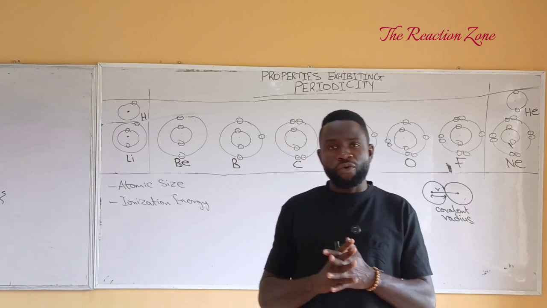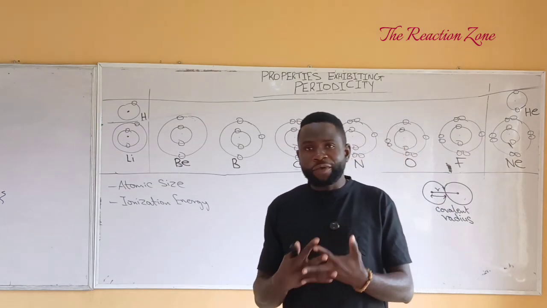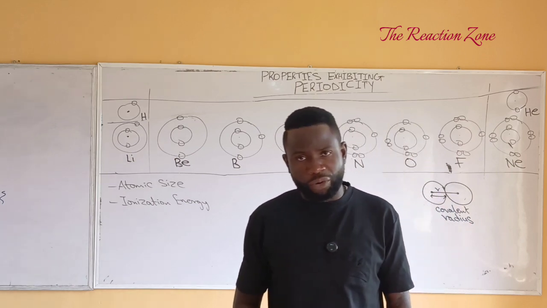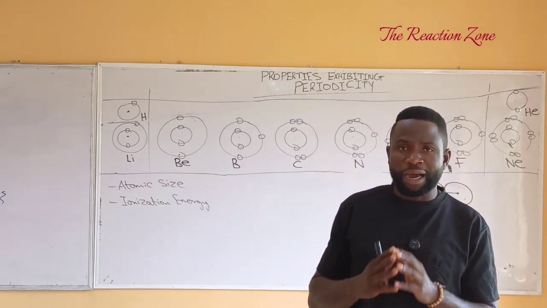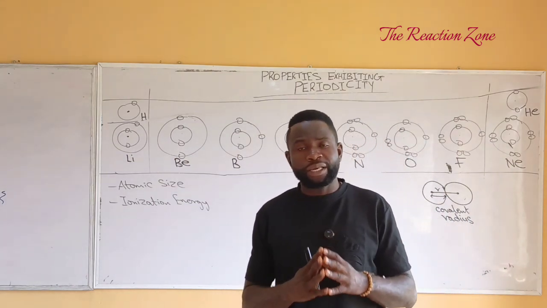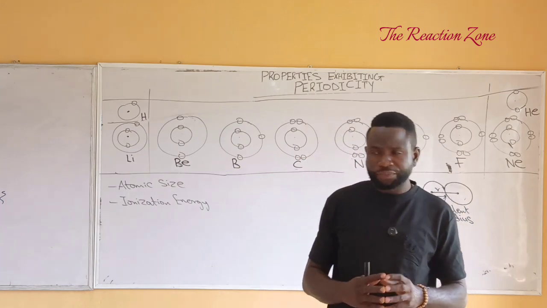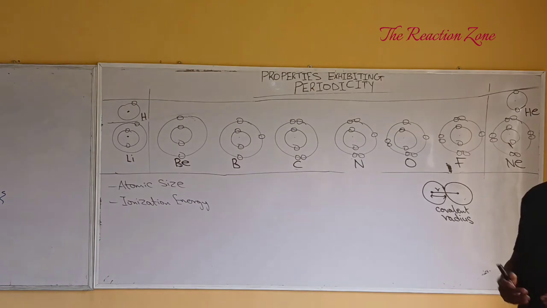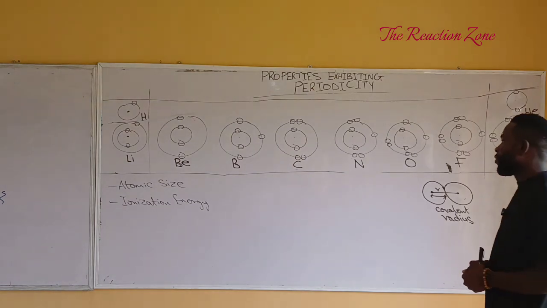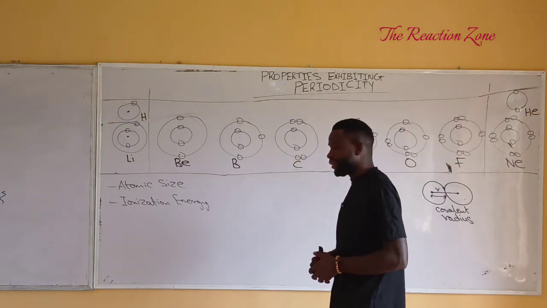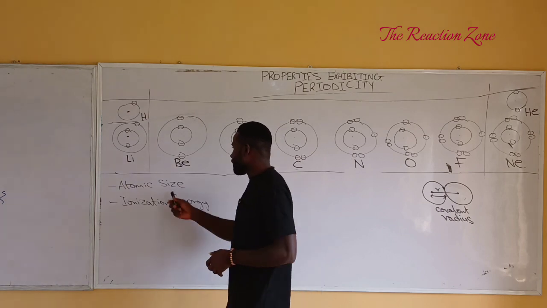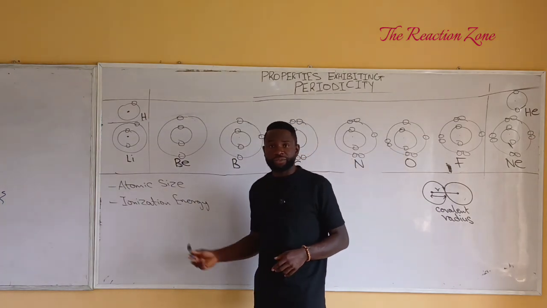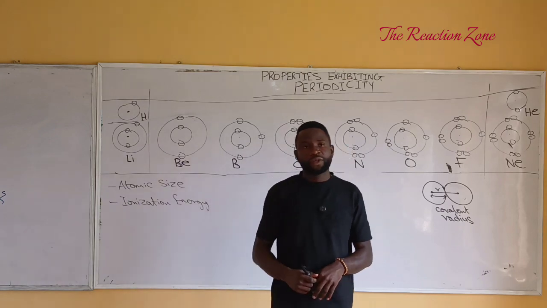Elements of a particular group have the same valence shell electronic configuration, and this is responsible for these elements having similar chemical properties. There are several properties that exhibit periodicity, and we're going to look at two of them in this class. The first one is atomic size, and the second one is ionization energy.